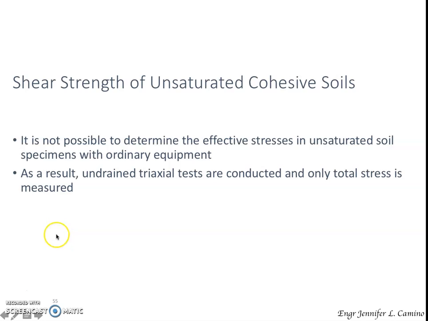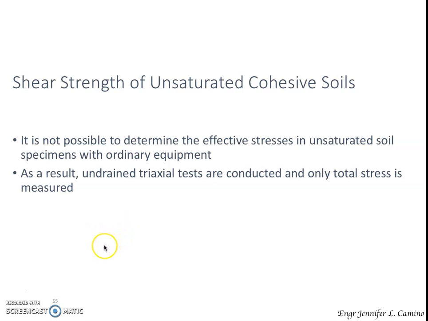So it is for shear strength of unsaturated cohesive soil. It is not possible to determine the effective stresses in an unsaturated soil specimen with ordinary equipment. So basically, for shear strength of unsaturated cohesive soil, we cannot use ordinary triaxial equipment for laboratory testing.